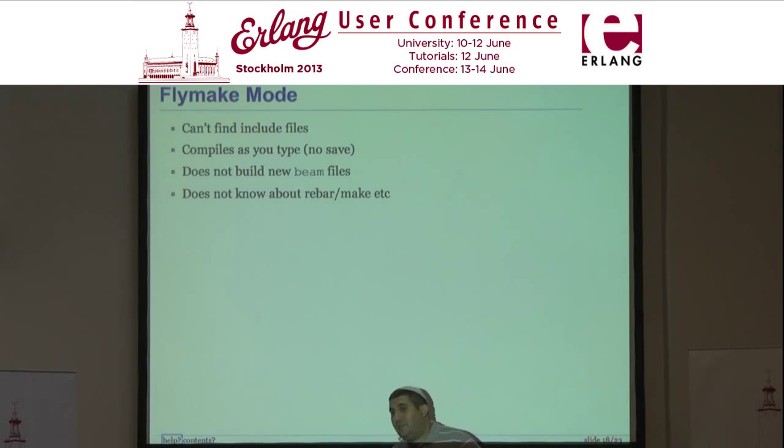It can't find it. And you then need to have two build configs. So you configure Flymake, and then you have to configure rebar. Second of all, when you hit save, it doesn't actually build a new beam file for you. It creates a bogus temp file somewhere, which doesn't load into Erlang. I've also occasionally seen it crash Emacs, and other people have said likewise. So we're working on it.